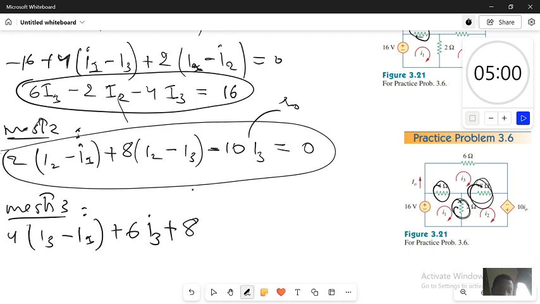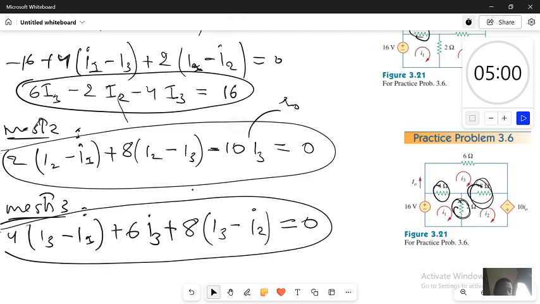So I will have 8 times, since I am mesh 3, I3 minus I2 equals 0. If I develop again, I will have another equation. So by the end, I will have 3 equations with 3 unknowns, I1, I2, and I3. I can put in the calculator and determine the value of I1, I2, and I3. So thank you for watching in this section.